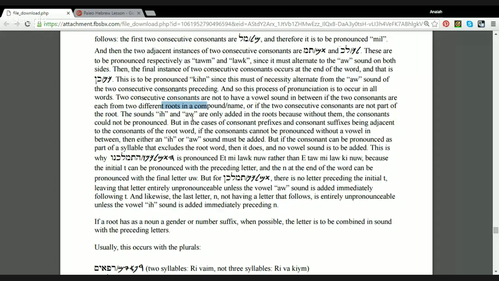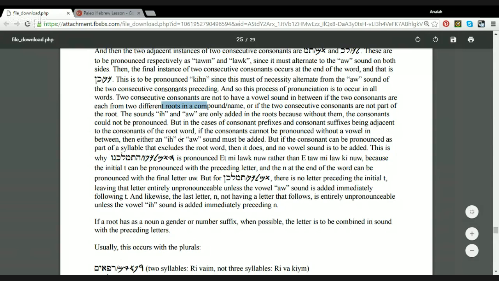But in the cases of consonant prefixes and consonant suffixes being adjacent to the consonants of the root word, if the consonants cannot be pronounced without a vowel in between, then either an I or an ah sound must be added. But if the consonant can be pronounced as part of a syllable that excludes the root word, then it does, and no vowel sound is to be added.